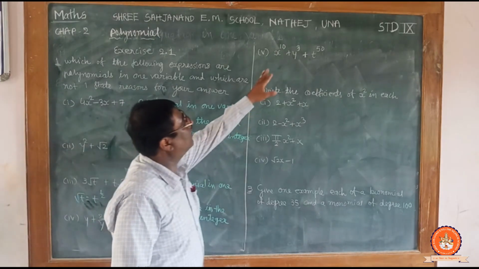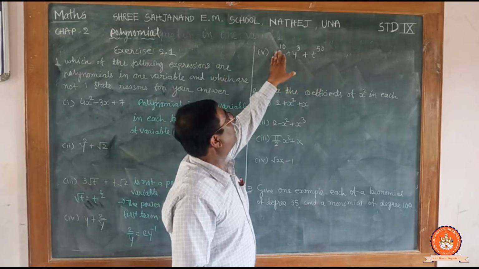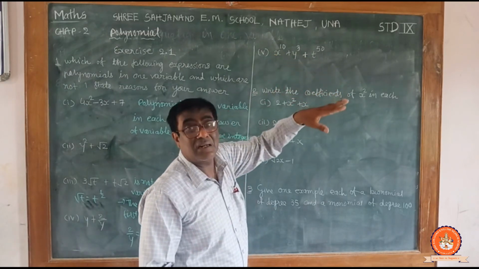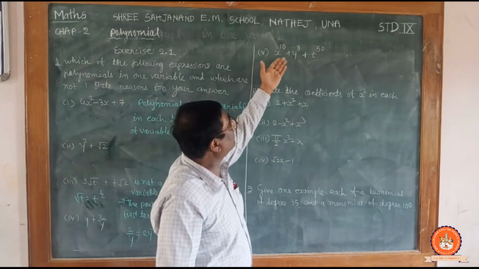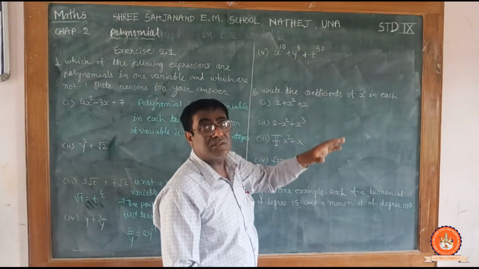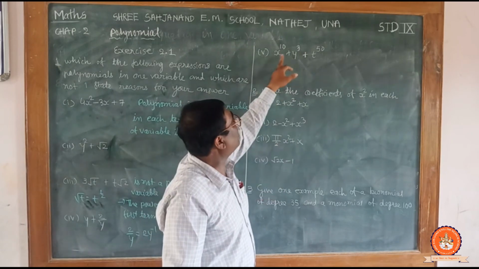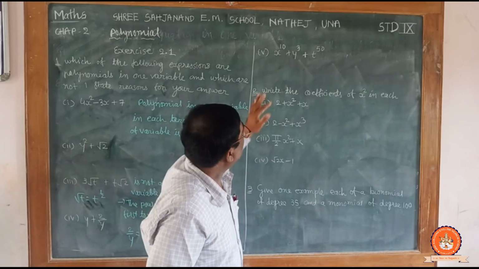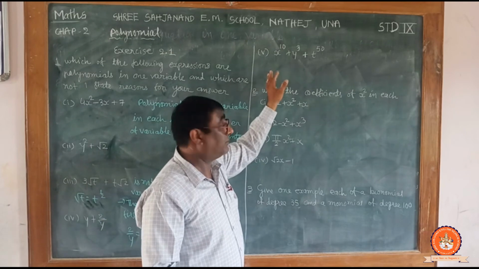Here x raised to 10 plus y raised to 3 plus t raised to 50. Look at the powers of the variables: they are non-negative integers. But look at it, there are 3 variables. So this one is not a polynomial in one variable because 3 variables are involved in it.